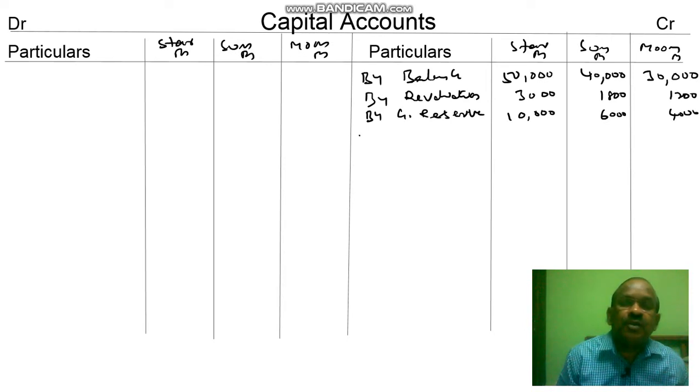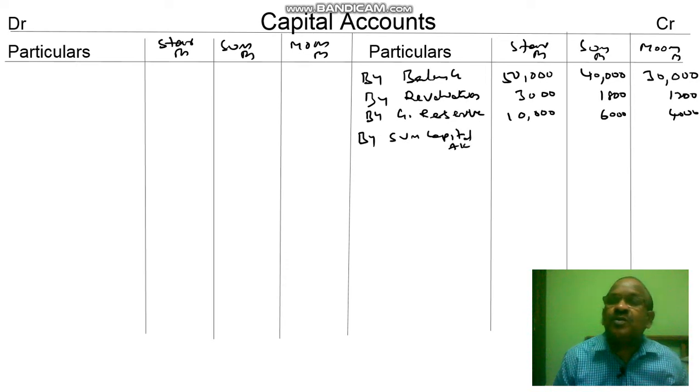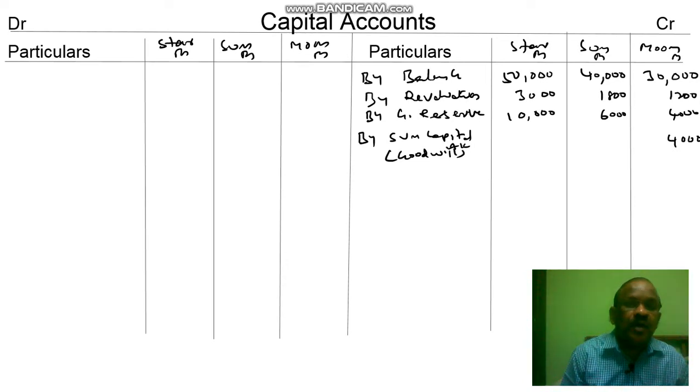Next we are going to enter the goodwill adjustment. So Sun capital account is debited, and it is credited to Moon. I will write goodwill in brackets. Here we directly write the entry, not creation and write-off.